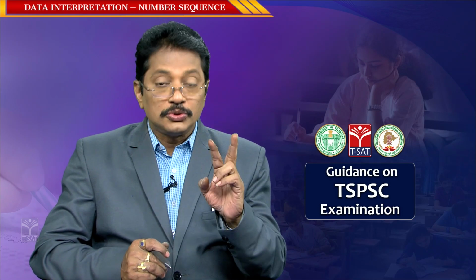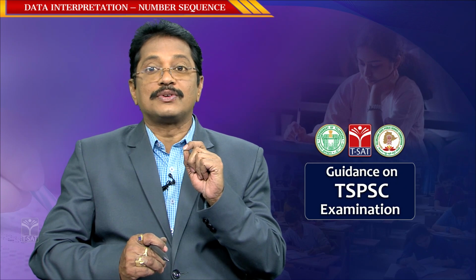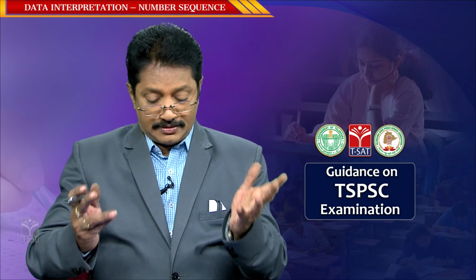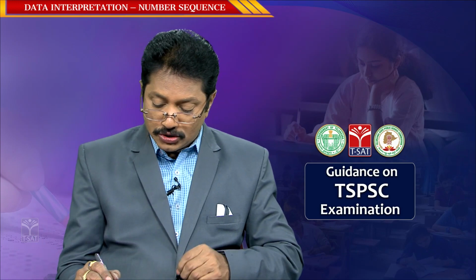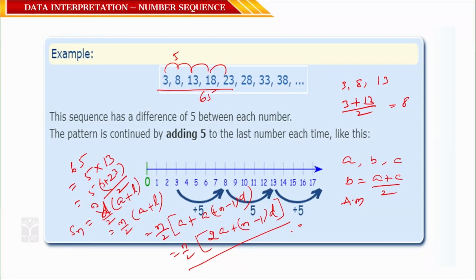Clear? So you learned the 2 formulas: the nth term and the sum of n terms. The nth term a_n is equal to A plus n minus 1 into D, and the sum of n terms S_n is equal to n by 2 into 2A plus n minus 1 into D. These 2 formulas you learn.